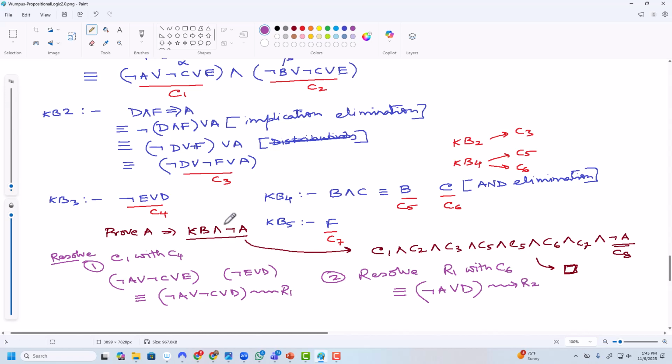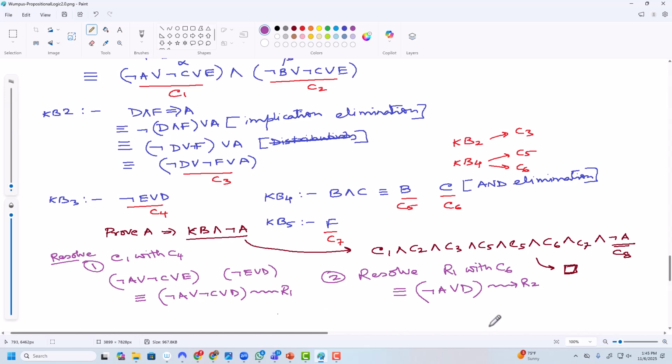Next we can try C3 and R2. This R2 we resolve with C3, because R2 has a not A and a D, and C3 has a not D and an A. Those are exactly opposite literals.